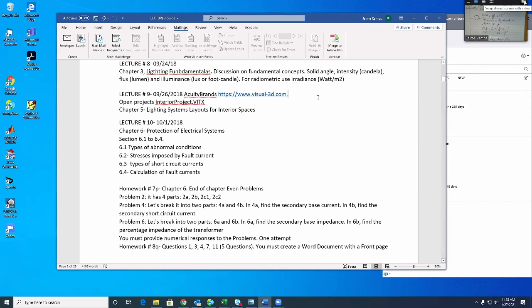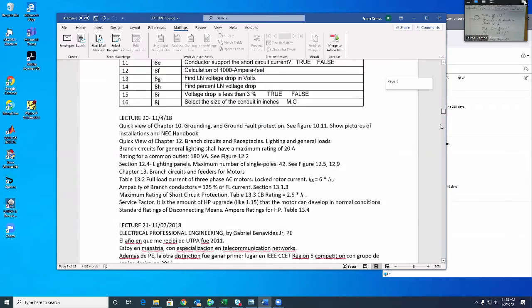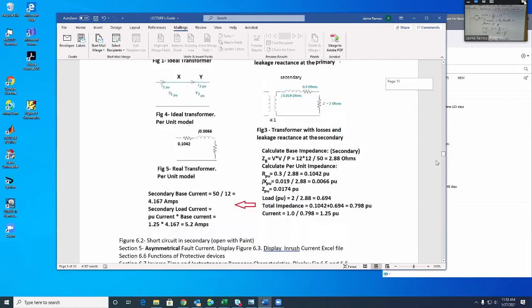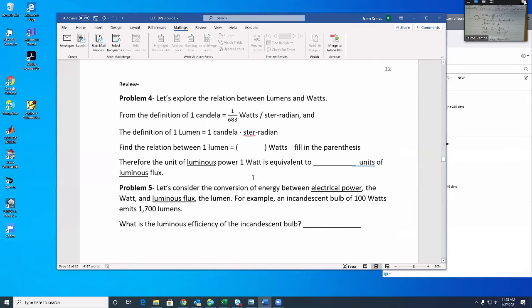Let me go to page 12. So again, the candela, the amount of watts emitted in 1 steradian. So 1 lumen is going to be, the best case scenario, 1 lumen per 688 watts.